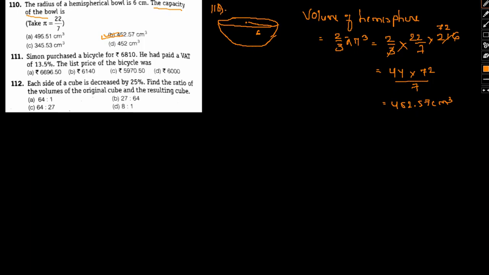Having said that, let's move on to question number 111. Simon purchased a bicycle for rupees 6,810. He paid VAT of 13.5%.